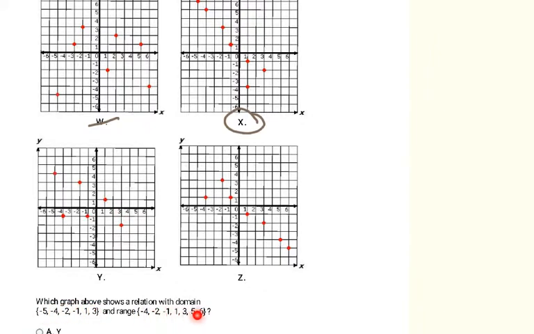So let's double check the range, and hopefully we find a mistake because we already think x is the answer. So for my range, I have a -2 for this one, a -1 for this one, a 1 for here, a 3, and a 4. Well, there's no 4 in this range, so it's not going to be y.